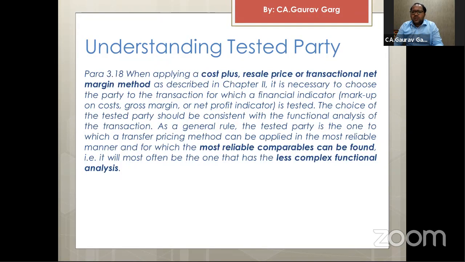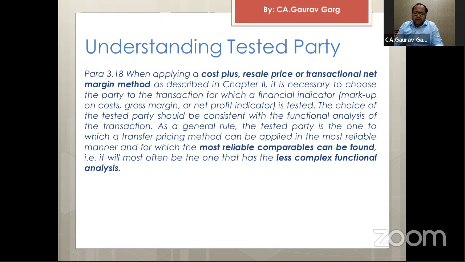As a general rule, the tested party is one to which the transfer pricing method can be applied in the most reliable manner, and for which the most reliable comparables can be found. That is, it will most often be the one that has less complex functional analysis. So OECD is quite clear that you need to choose an entity which has got less complex functional analysis, and the same wording, or I will say the same understanding, is there in the UN Transfer Pricing Manual.